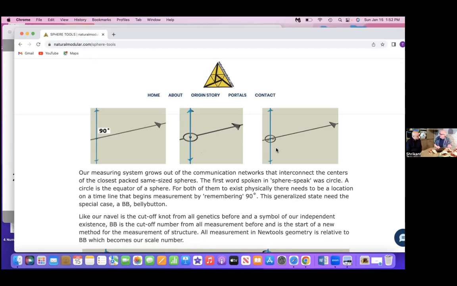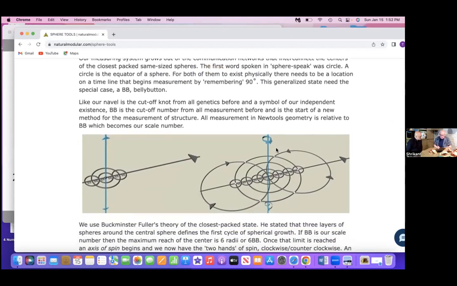So we start with the BB, and we choose the BB to be a regulation ping pong ball, which is 2 centimeters. What's great about this is you can change it to anything, whatever you need it to be. And then you see that with Fuller, there were 3 layers of the spheres. Here's the center sphere, and then here's the first layer, the second layer, the third layer.